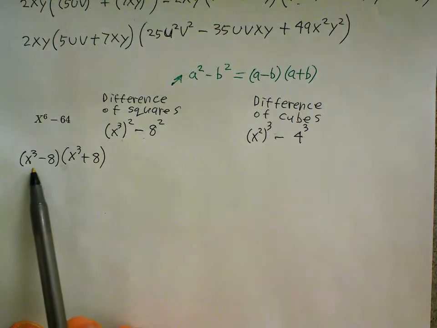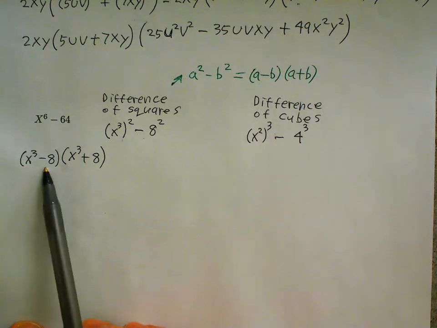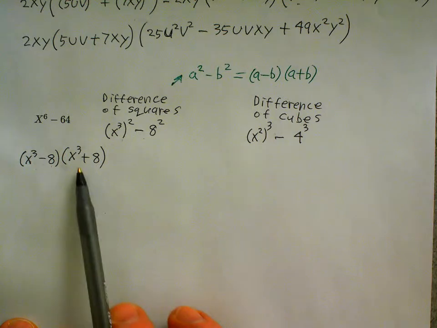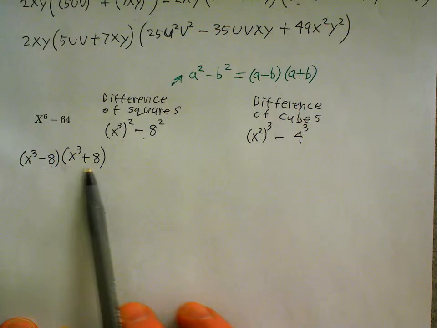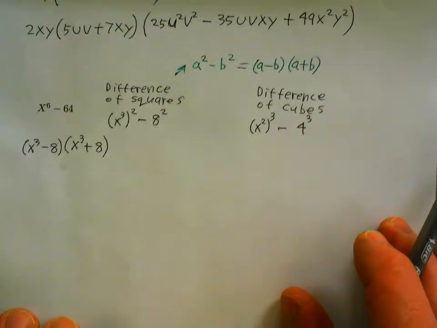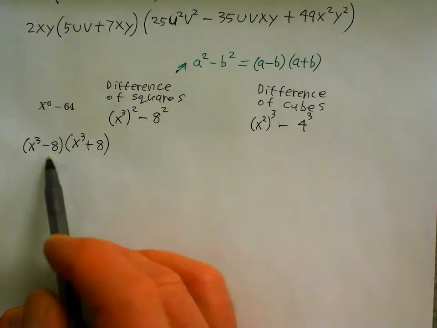Okay, but notice x to the third minus 8. What is that? X to the third minus 8 is a difference of cubes, because 2 to the third is 8. And the other one, x to the third plus 8, is a sum of cubes. So we can factor each of those.